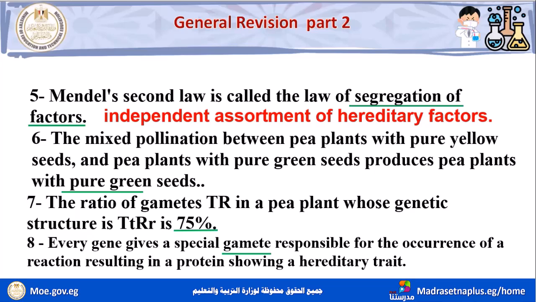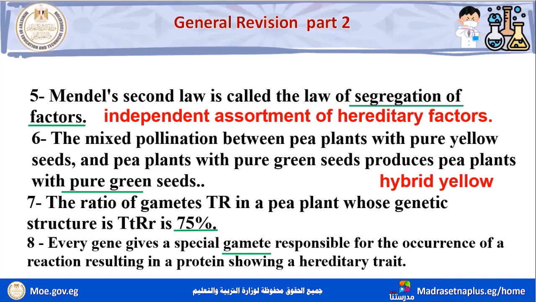Question number 6. The mixed pollination between pea plants with pure yellow seeds and pea plants with pure green seeds produces pea plants with hybrid yellow seeds.